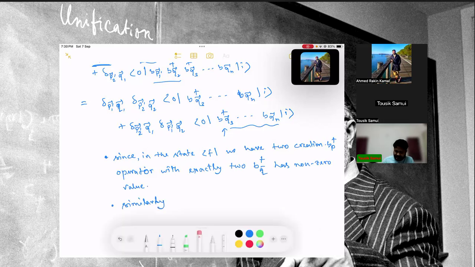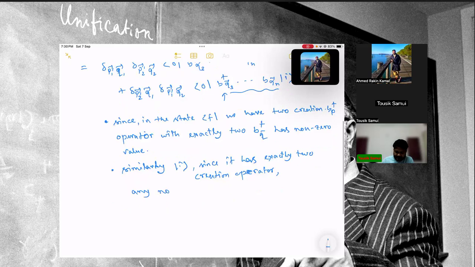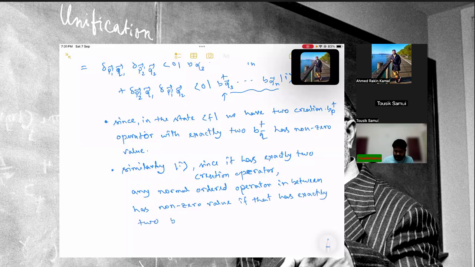Similarly, for the initial state I, since it has exactly two creation operators, any normal ordered operator in between has non-zero value only if it has exactly two annihilation operators.